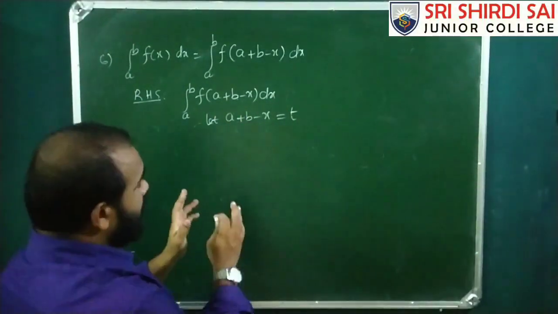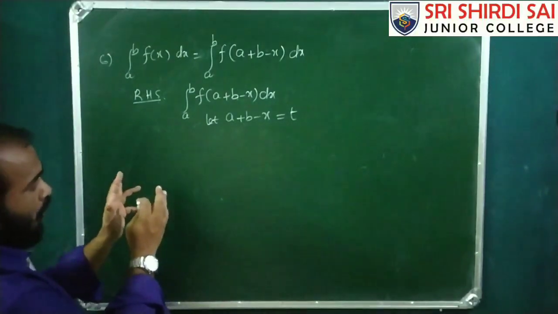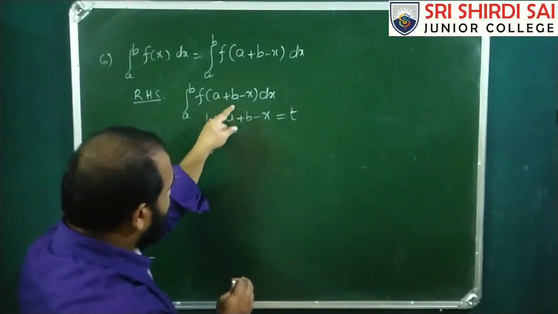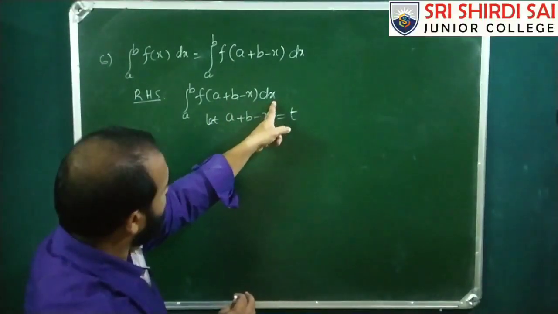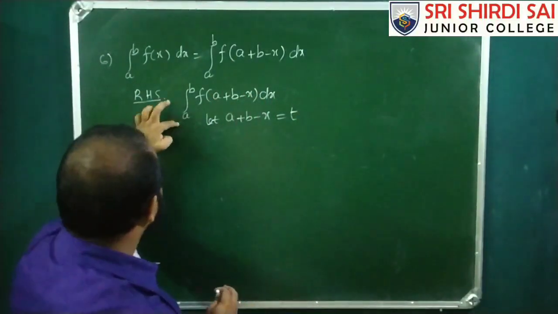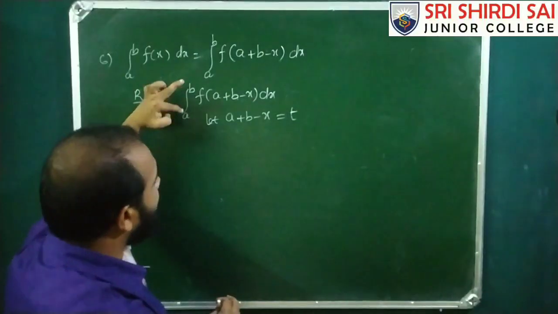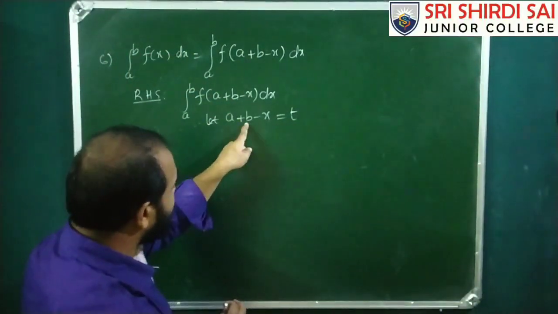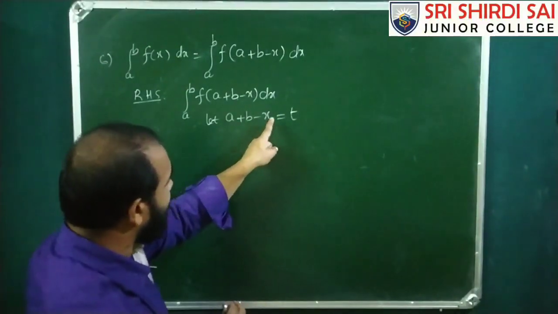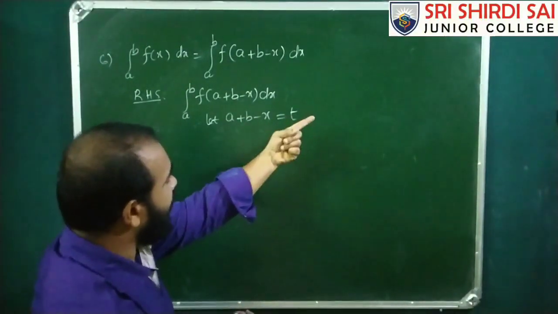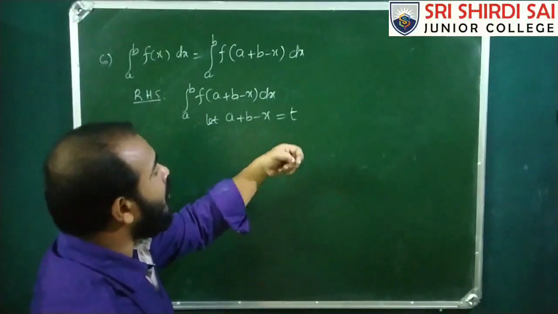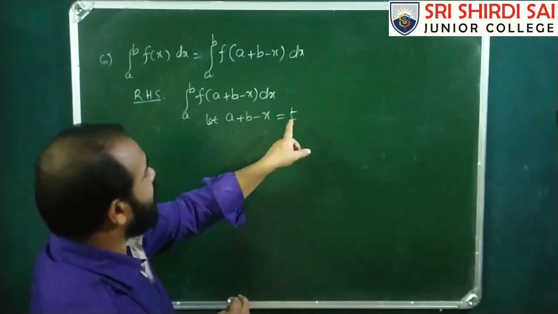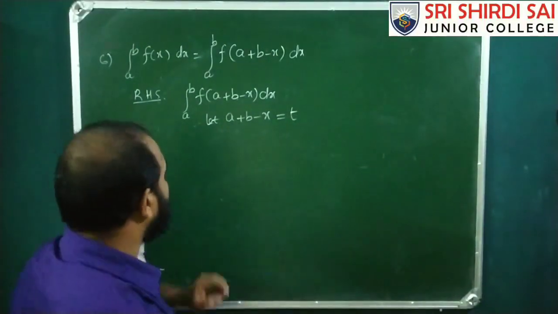In substitution, bear this in mind: after finding the dx here, a to b are the limits of the original variable of integration x, but this x we are trying to change into t, which is a new variable of integration. Therefore we need to freshly find the limits for t also.